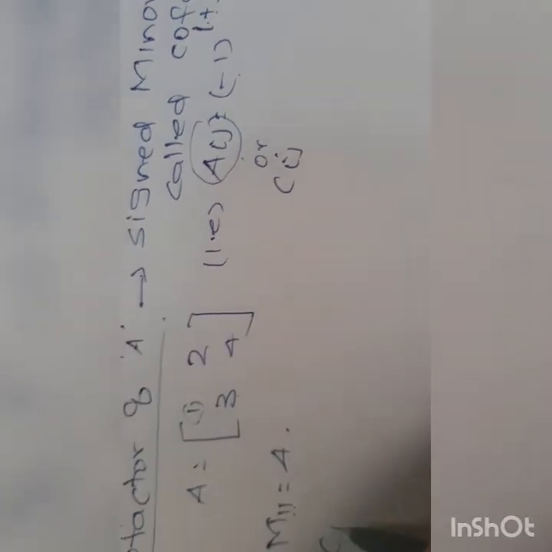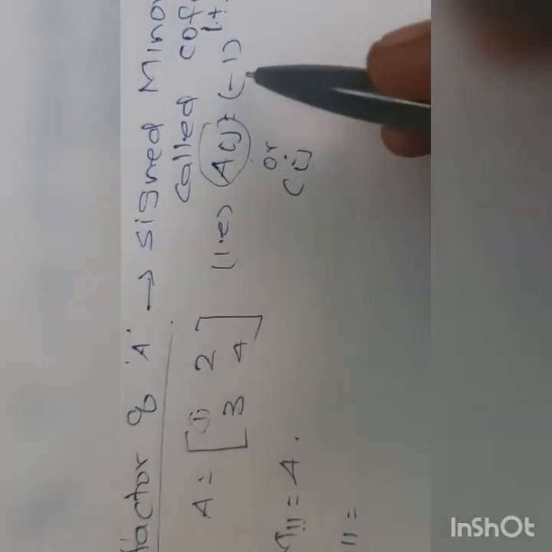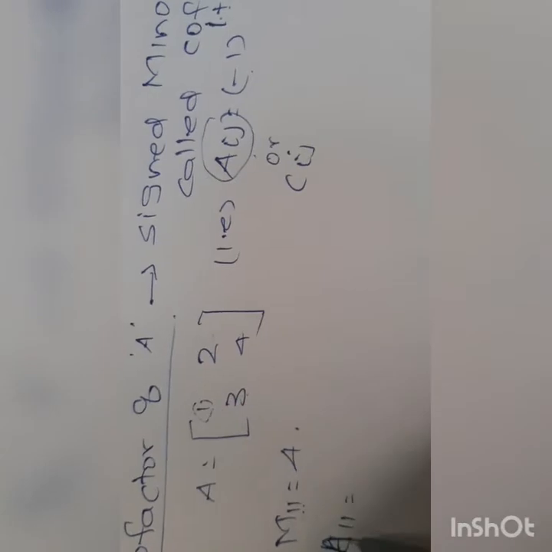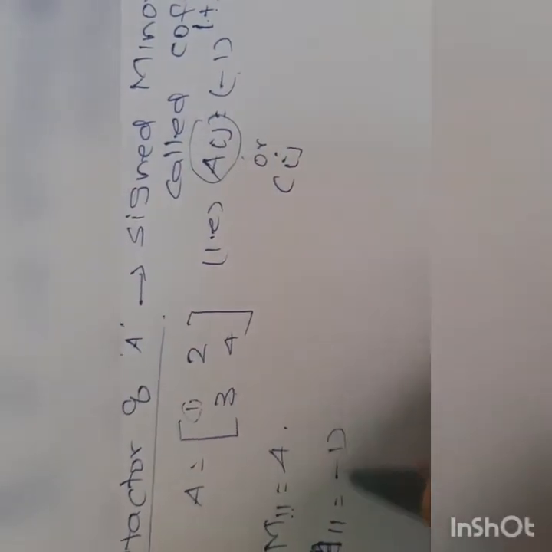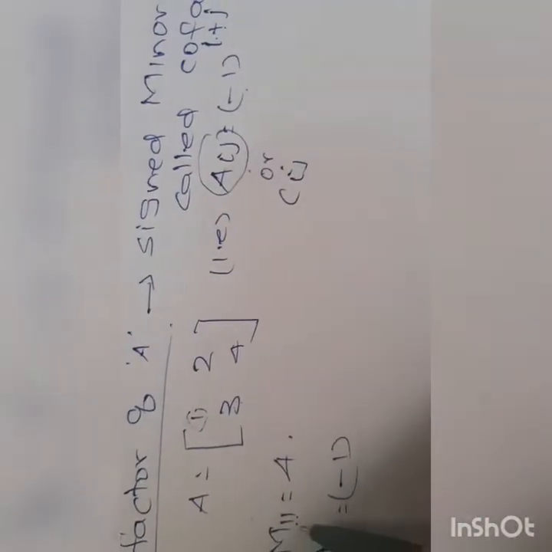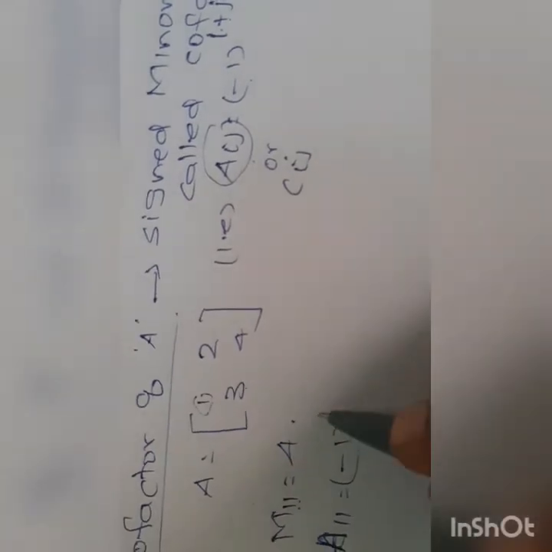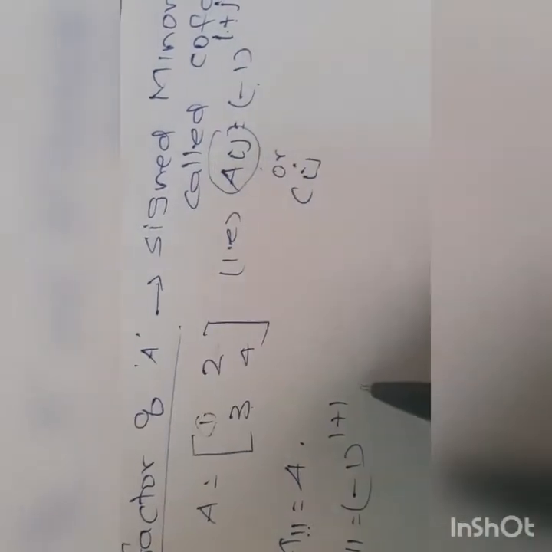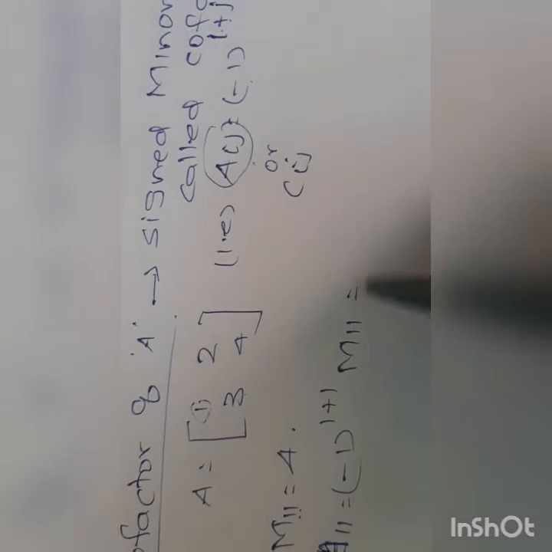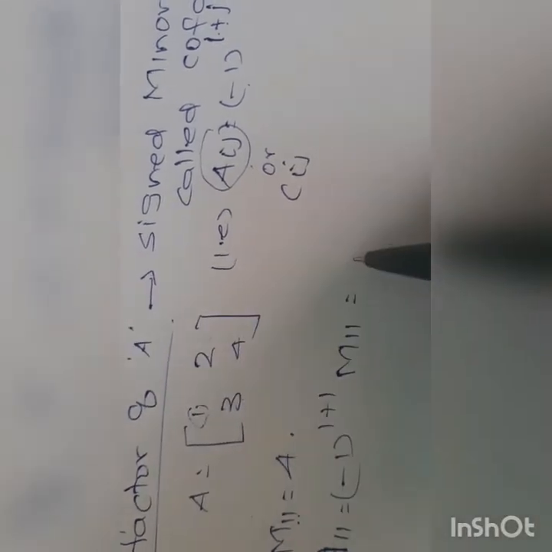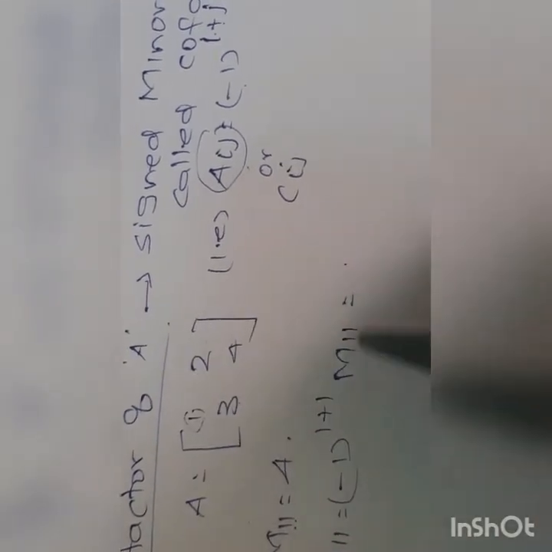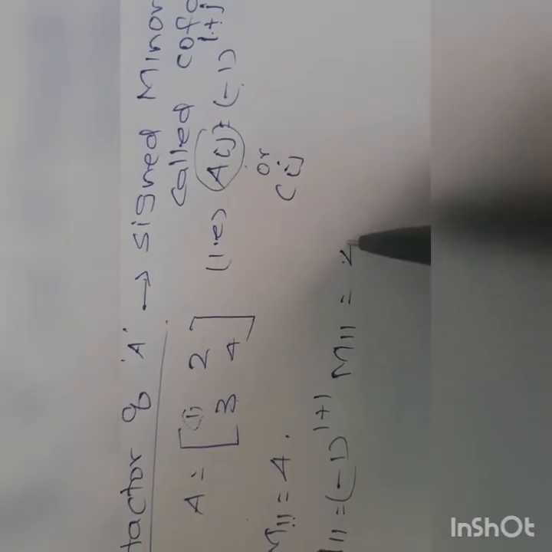Now how to find C11? Apply this formula, or you can take A11: (-1)^(i+j). Here i is 1, j is 1, so 1 plus 1, into Mij, that is M11. That is minus 1 power 2, nothing but positive 1, into M11, that is 4.